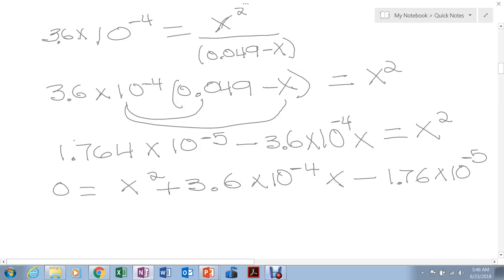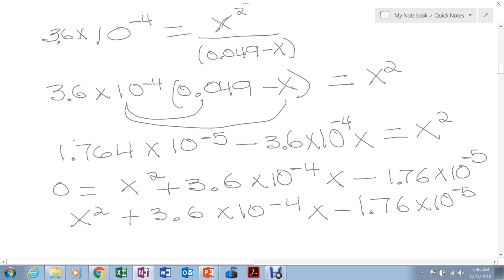So now it's x squared plus 3.6 times 10 to the negative 4 x minus 1.76 times 10 to the negative 5 is equal to 0. Write it like that.